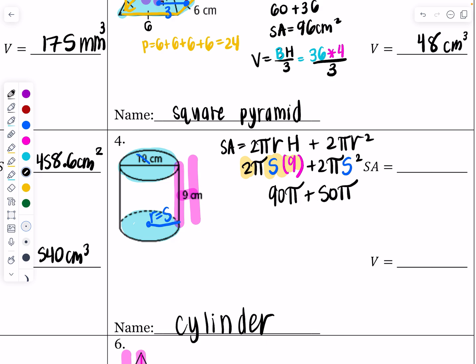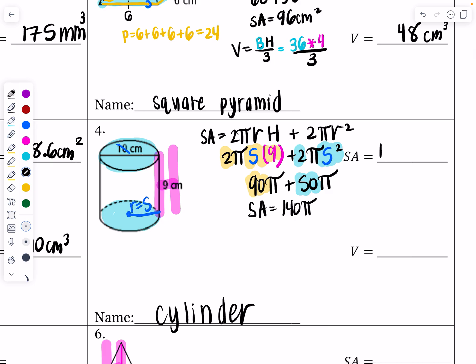Whenever you do 2 times 5 squared, you'd get 50 pi. So 50 pi and 90 pi, and then you add those together, and you get 140 pi. So my surface area of this cylinder is 140 pi. My units are going to be centimeters squared, so 140 pi centimeters squared, which means that volume is going to be centimeters cubed.